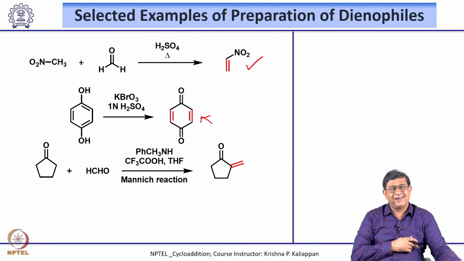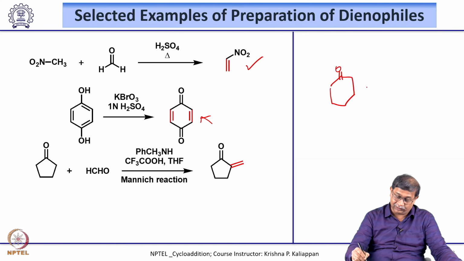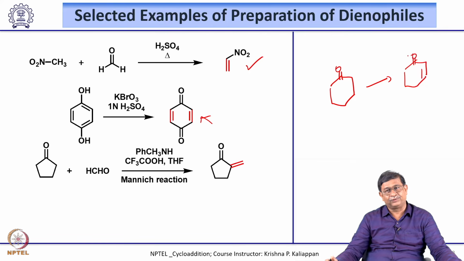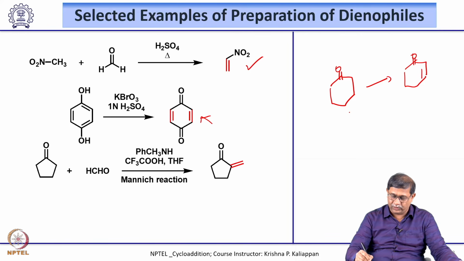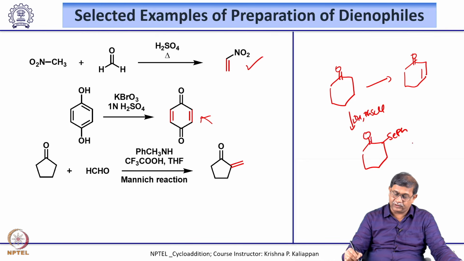Then one can also introduce double bond next to ketone. See, for example, if you have cyclohexanone, one can introduce double bond next to the ketone. So there are many possibilities. At least one is you can treat with LDA and phenylselenyl chloride. So it forms the corresponding phenylselenyl compound.